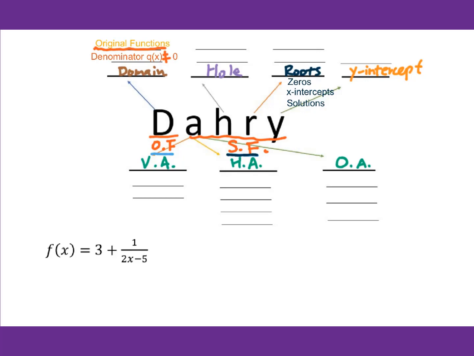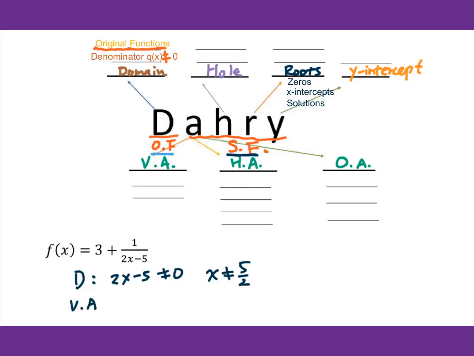Therefore, the vertical asymptote line and the domain will be the same. For example, in this rational function, there is no common factor to be reduced. Therefore, for the domain, you will write down 2x minus 5 not equal to 0, x not equal to 5 over 2.